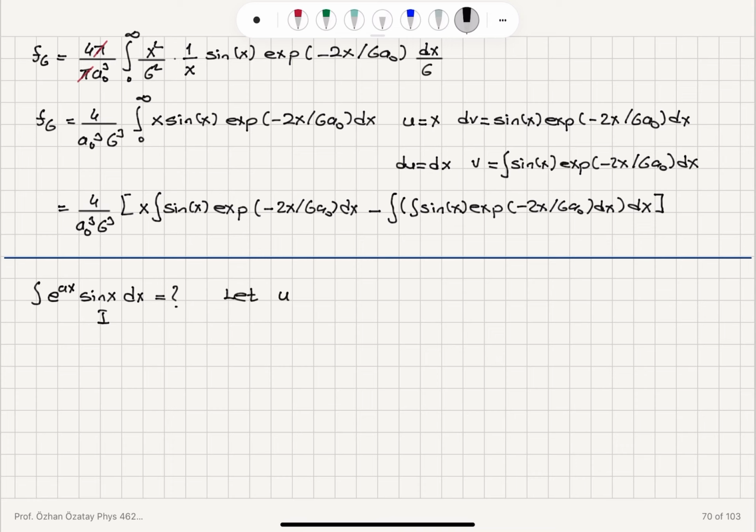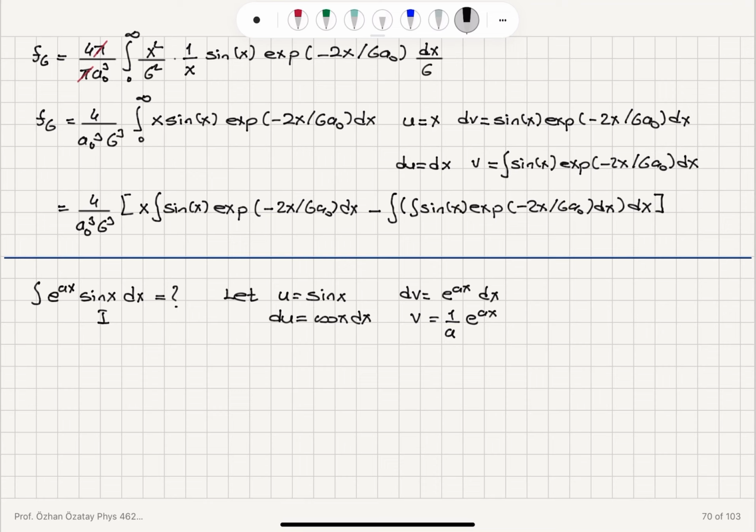Let u equal sin x, du equal cos x dx, dv equal e^(ax) dx, and v equal (1/a) e^(ax).